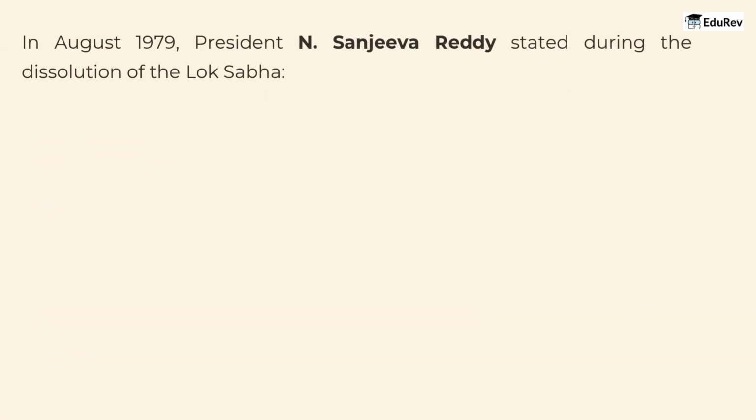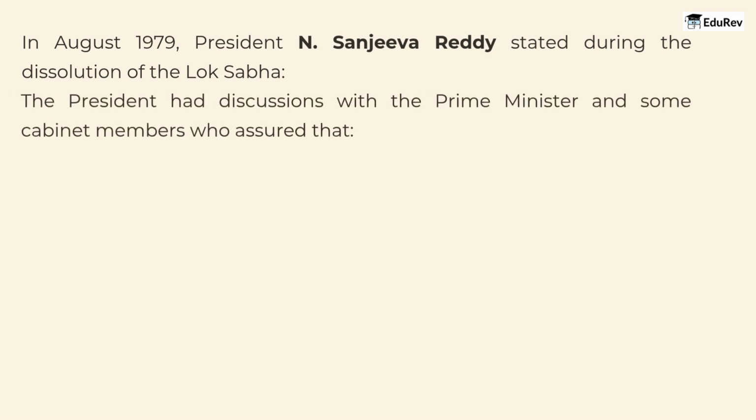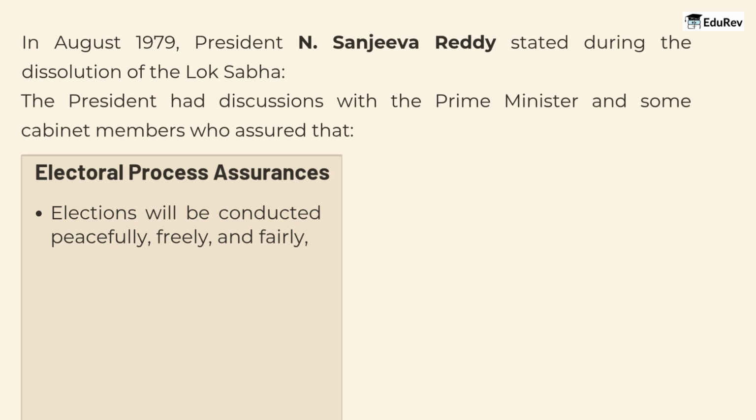In August 1979, President N. Sanjeeva Reddy stated during the dissolution of the Lok Sabha that the President had discussions with the Prime Minister and some cabinet members who assured that elections will be conducted peacefully, freely, and fairly.